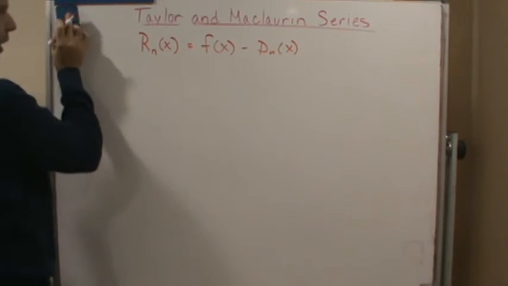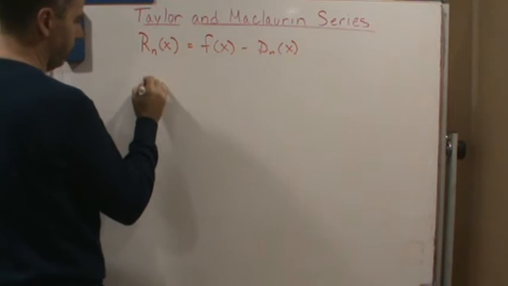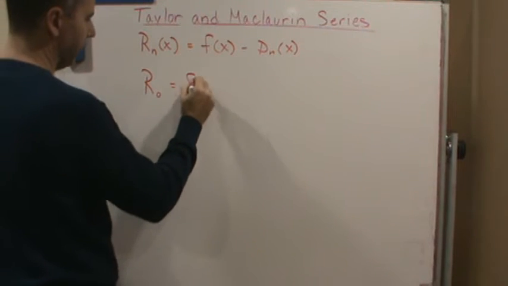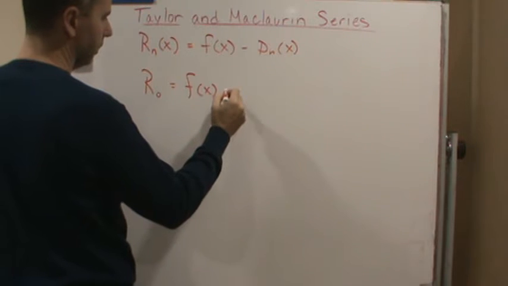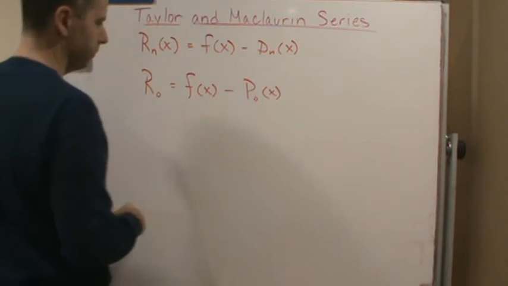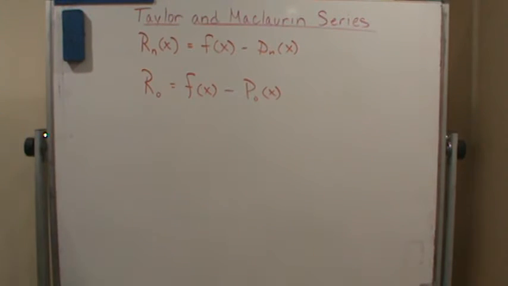So let's start with r sub 0. r sub 0 is going to be f of x minus p0 of x. Okay, so that's going to be the remainder.